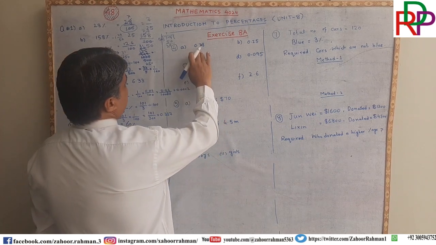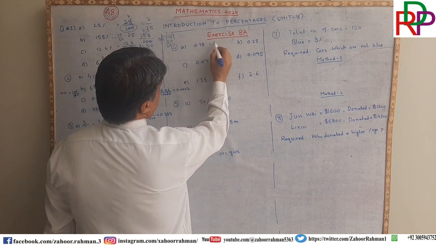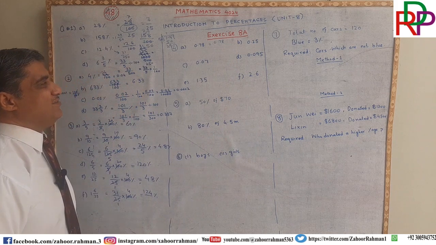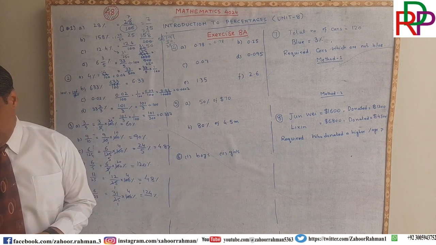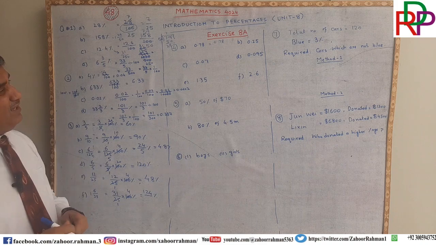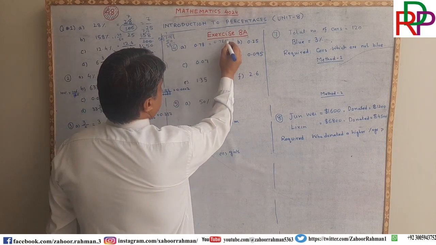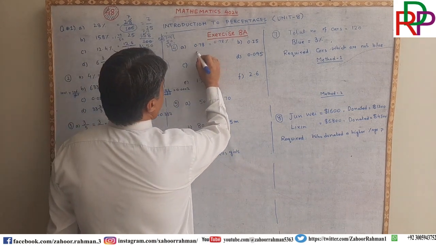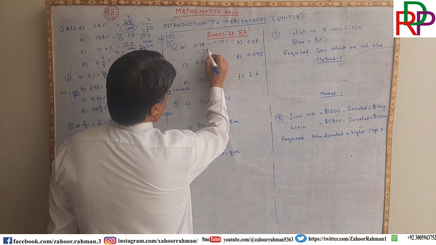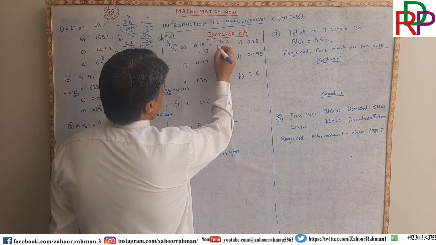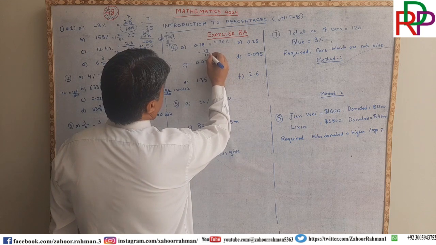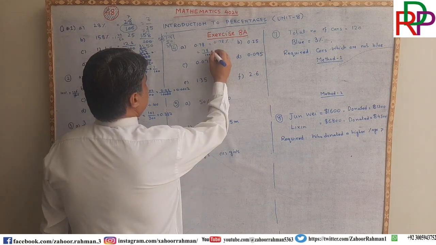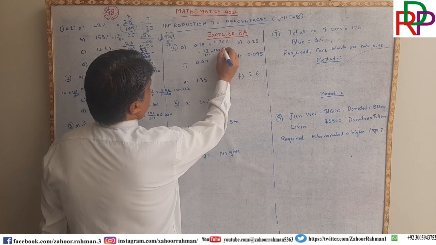So convert it to 0.78, and you first have to remove the decimal, so it is a percentage, and here we are writing 78 per 100 multiplied by 100%.